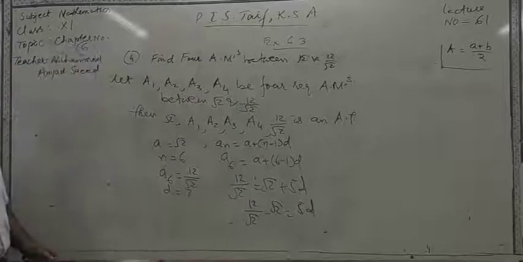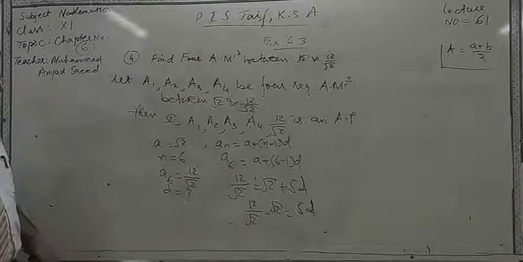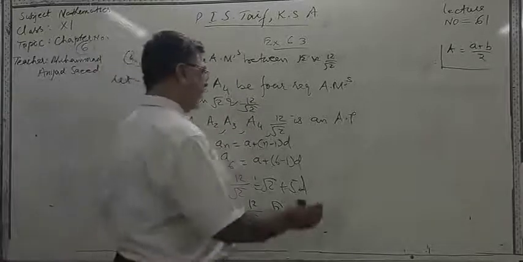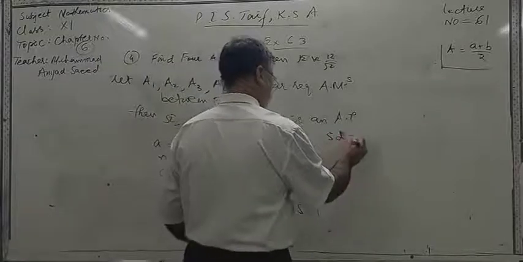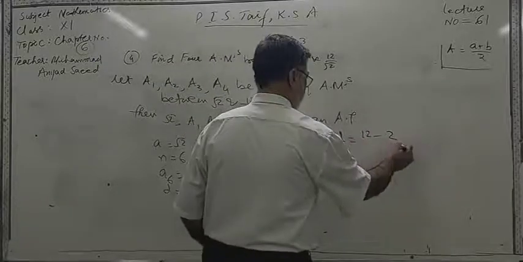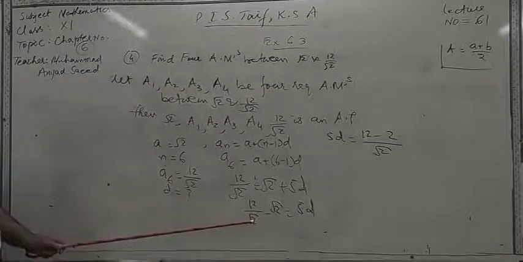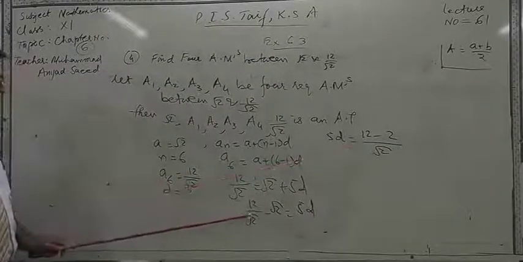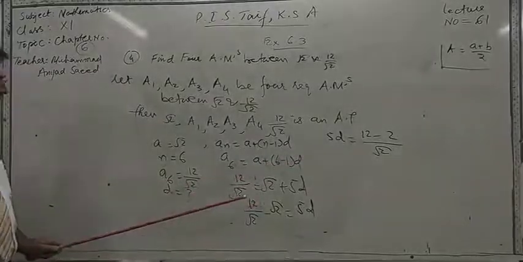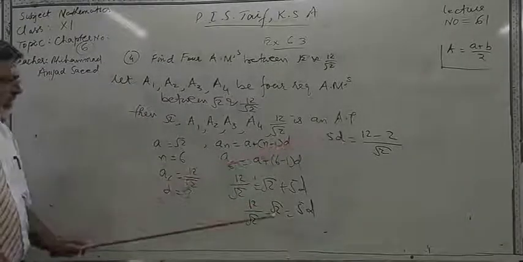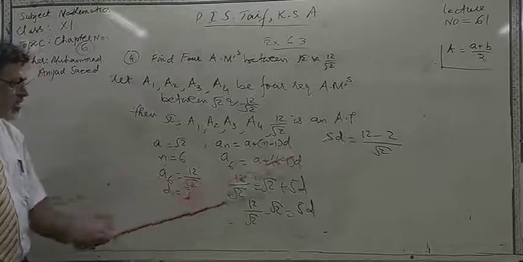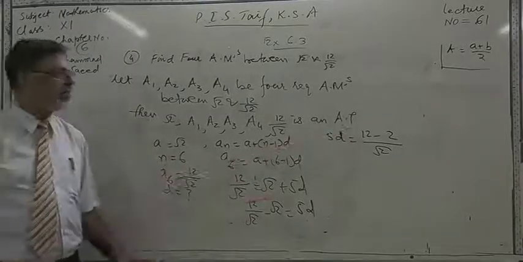Dear students, you can take root 2 as LCM and you have 5D is equal to 12 minus 2 over root 2. Remember that if you take root 2 as LCM, the root 2 cancels out and we are left with 12. Then root 2 multiplied by root 2 becomes 2.